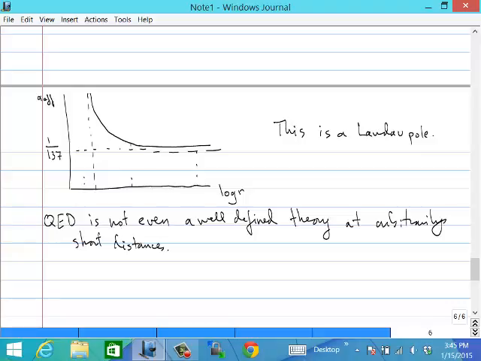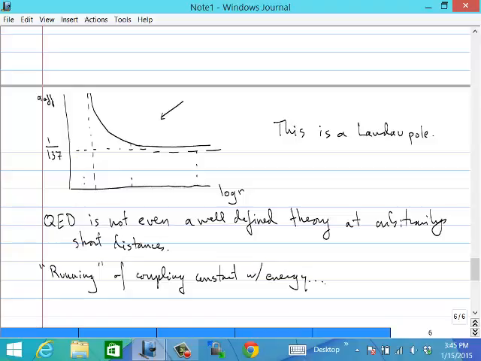Indeed, the study of the behavior of the coupling constants with energy, pictures like this, are very important. The fact that the effective coupling constant changes with energy is sometimes known as the running of the coupling constant with energy.